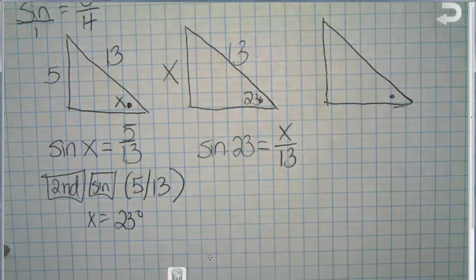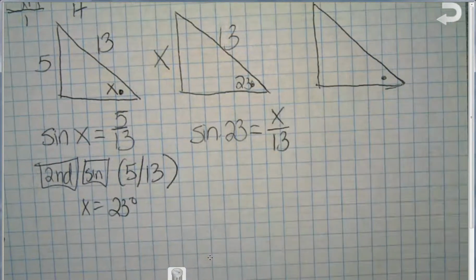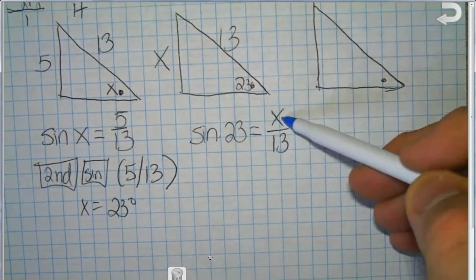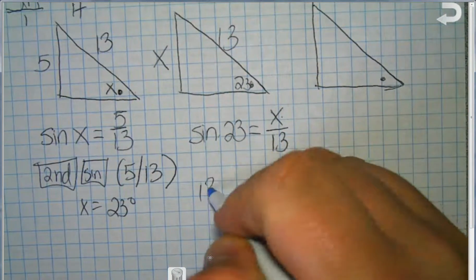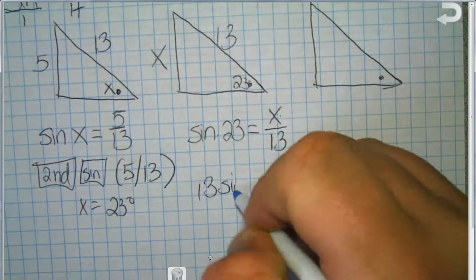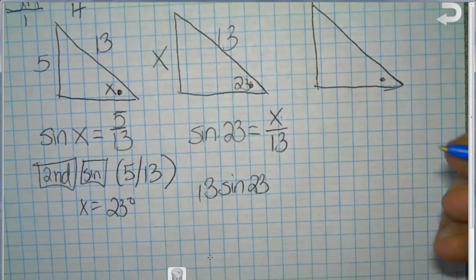X. How do I get x by itself? Think back to your algebra. Times by what? 13. I'm going to times both sides by 13, right? And so when the x is on top, you're going to do 13 times the sine of 23.